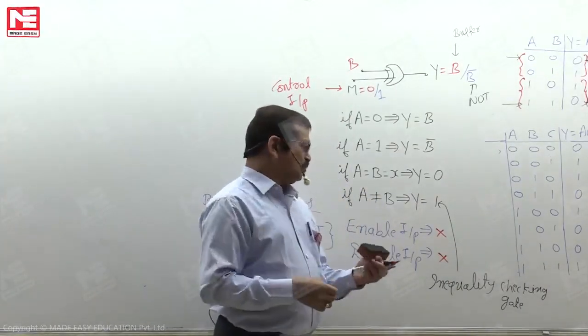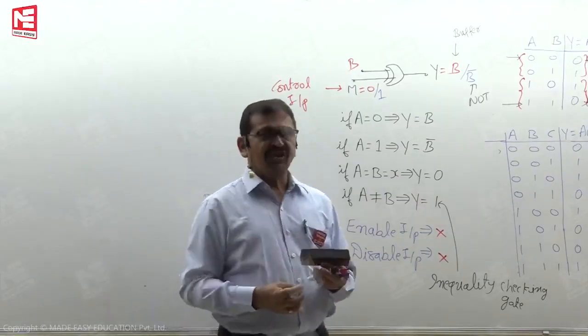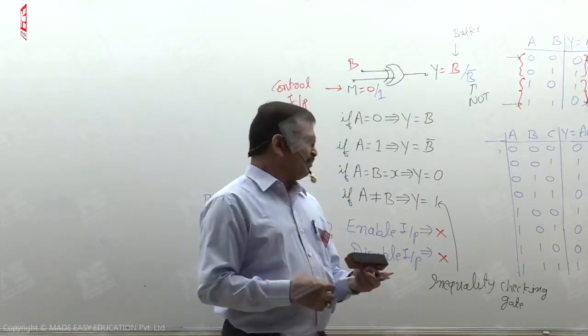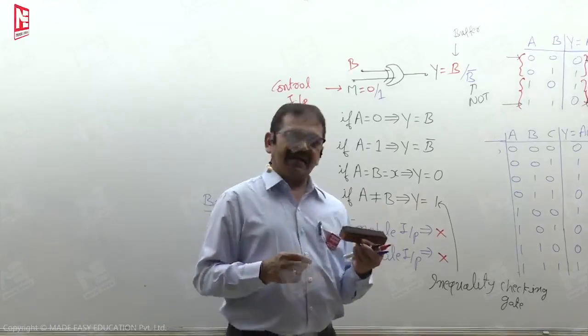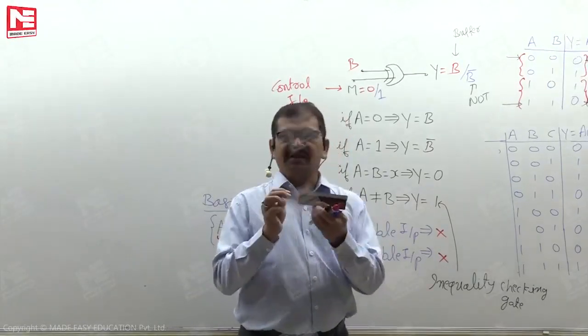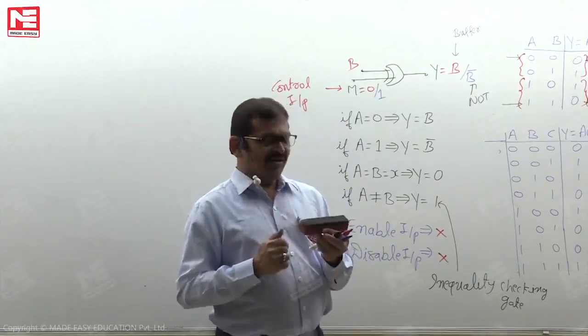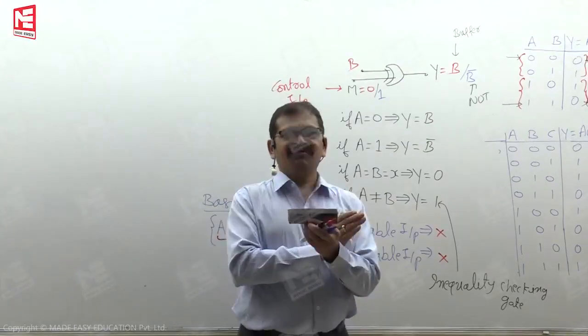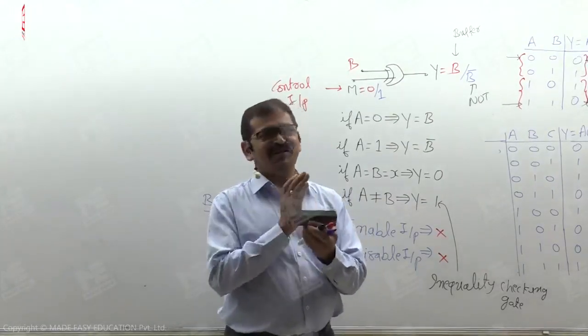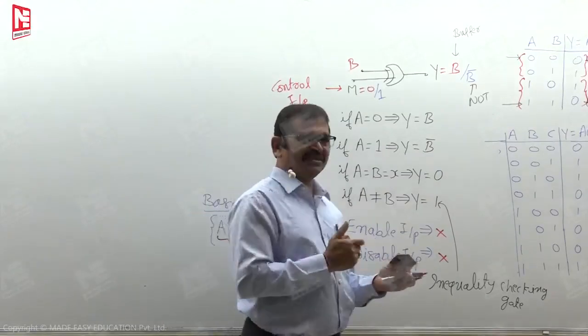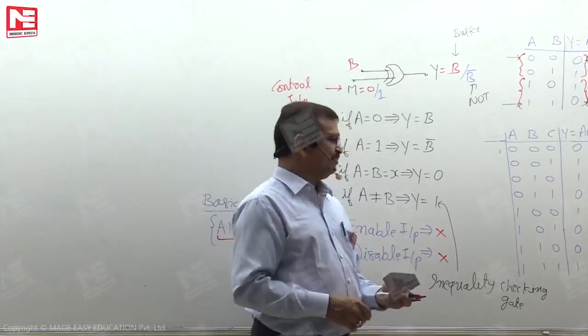So, the two input exclusive OR gate can be named as inequality checking gate. We can use the two input XOR gate to check whether two binary number values are same or not. Whenever the XOR result is 1, we have a conclusion they are not same. Hence, we are speaking it is an inequality checking gate.